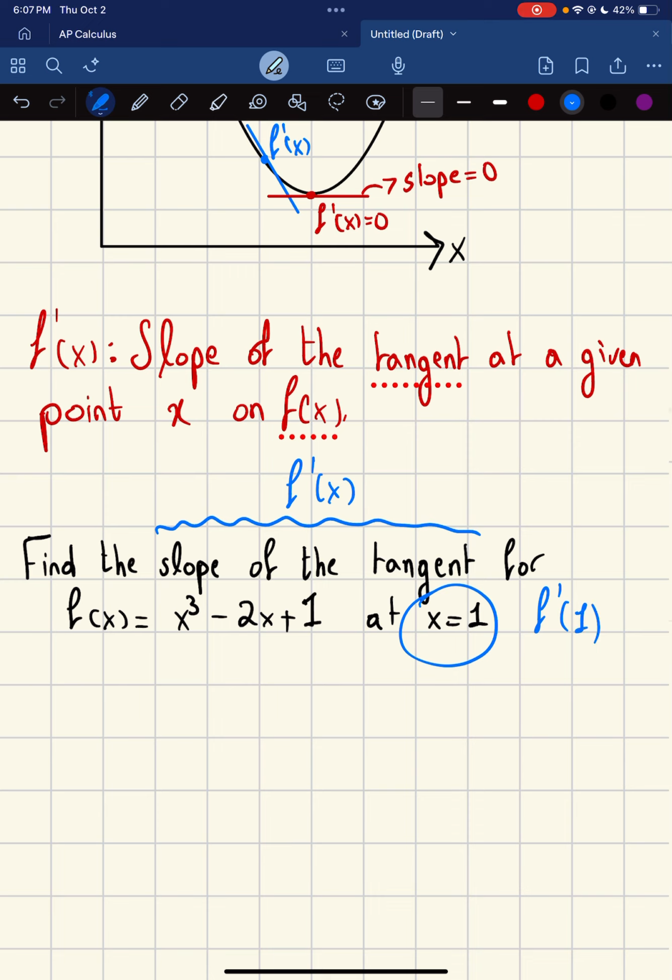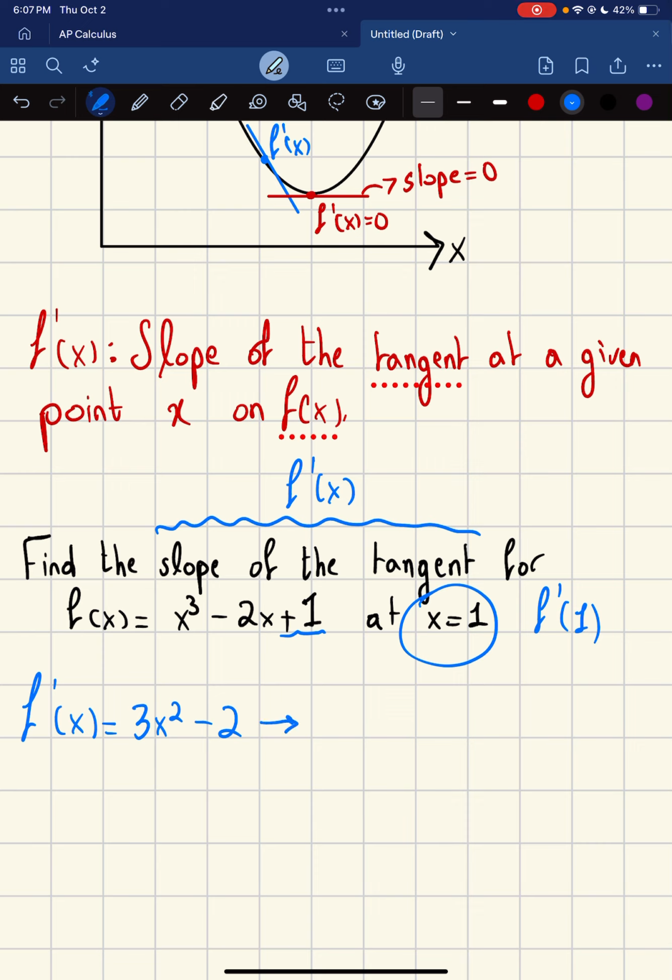So first things first, I'm going to find f prime of x. According to power rule, x cubed is going to be 3x squared, negative 2x is going to be negative 2, and positive 1, the derivative of any constant, is going to be 0. So it's just going to be 3x squared minus 2.